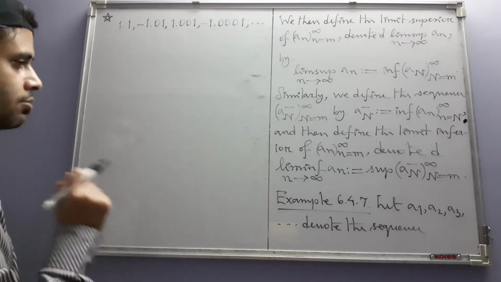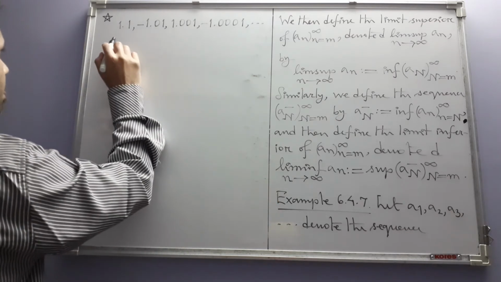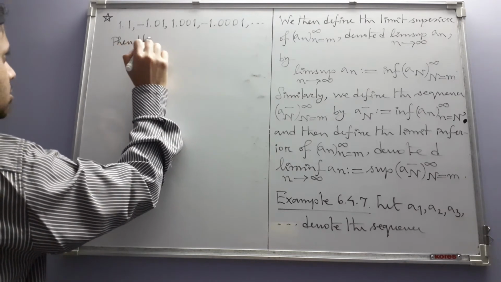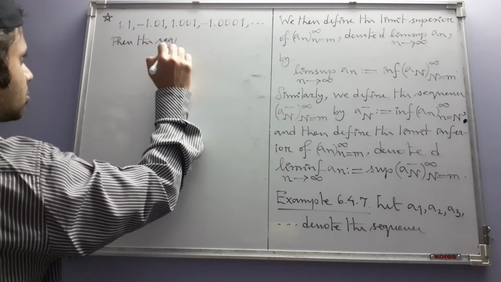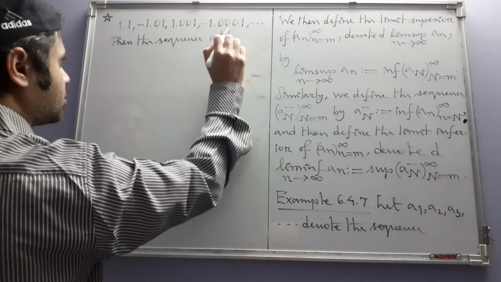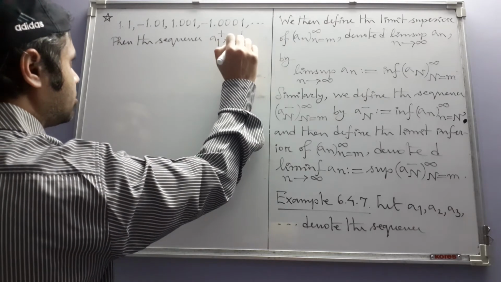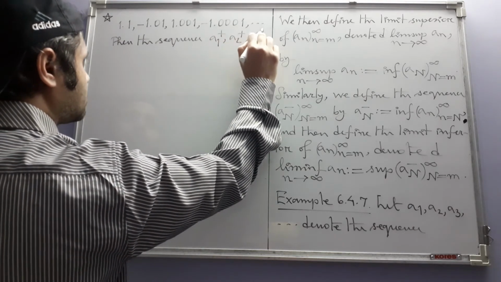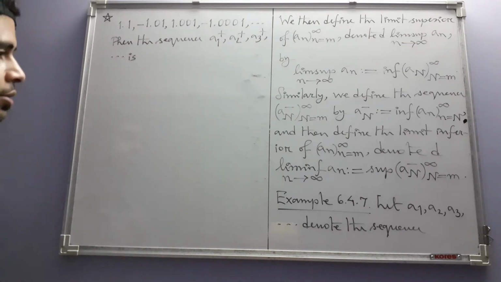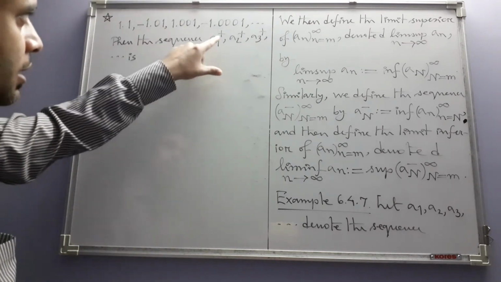First of all, the sequence of all the suprema. Then the sequence A1 plus, A2 plus, A3 plus, etc. is what? What is A1 plus?